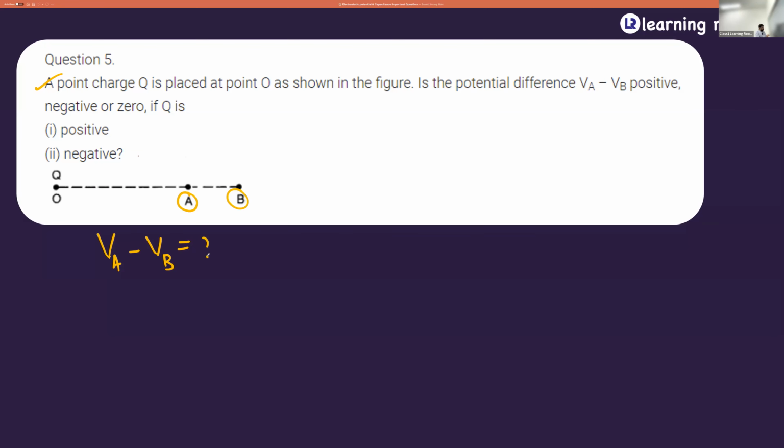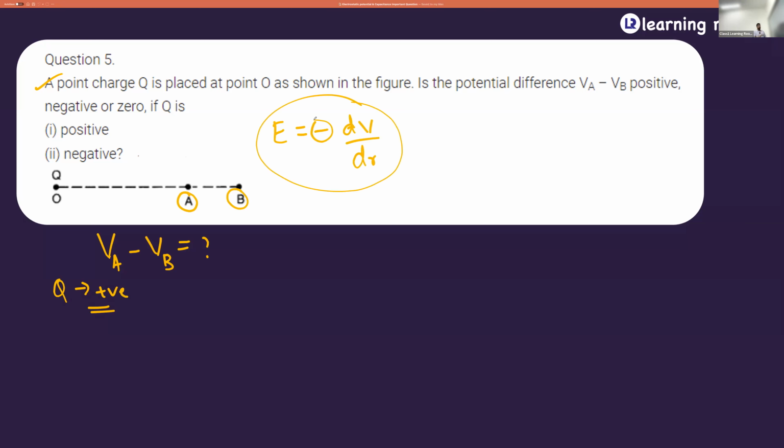Right. So when Q is positive, when the charge is positive, what does it indicate? Due to the positive charge, the electric field is going to be away from it. And what is the relation known between electric field and potential? So what does this minus sign indicate?